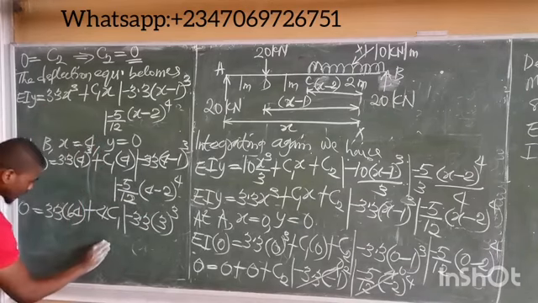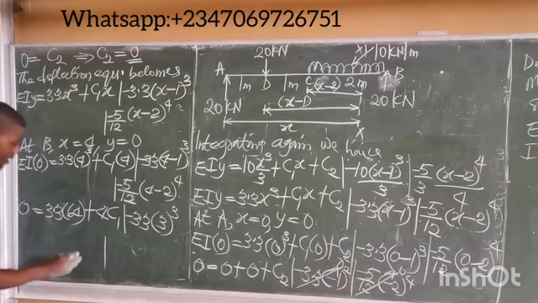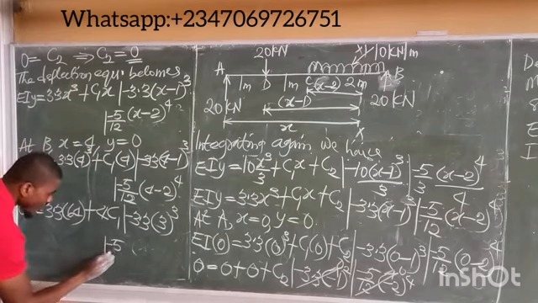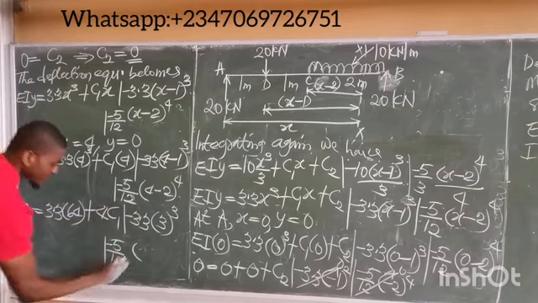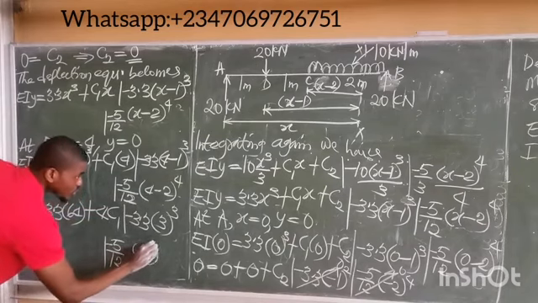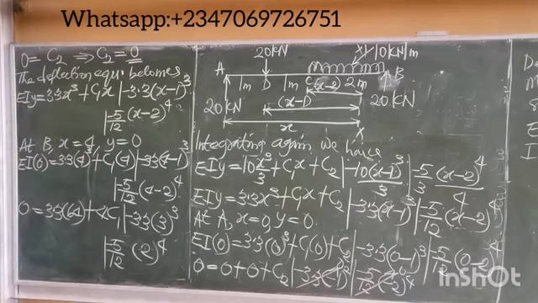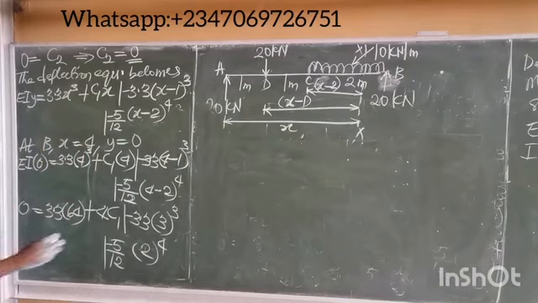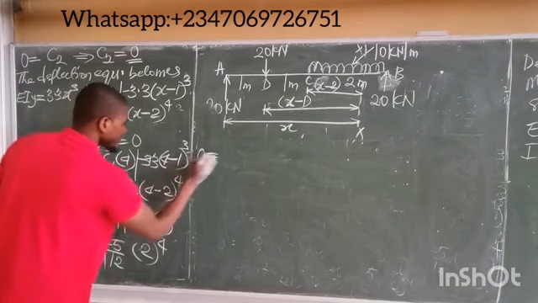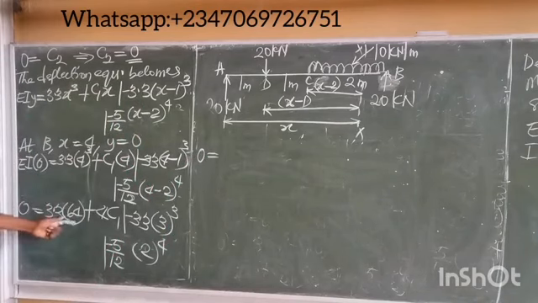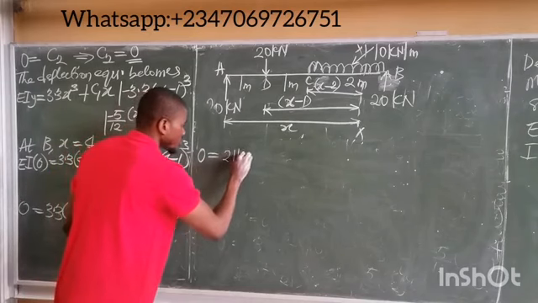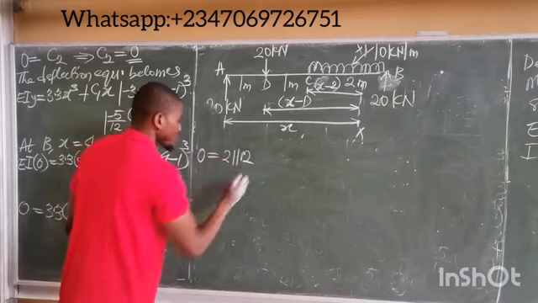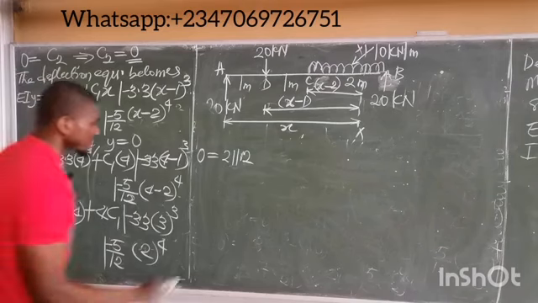Put down your final Macaulay's bracket. We have minus 5 all over 12 into 4 minus 2, which is 2, to the power of 4. So here we simply have 0 equal to 3.3 by 64, which is 211.2, plus 4C1.